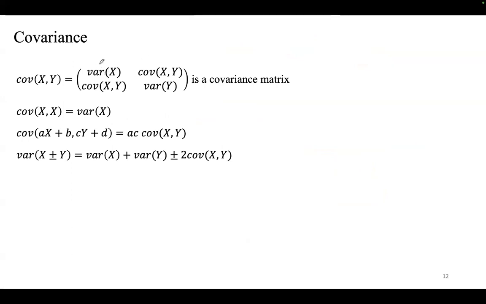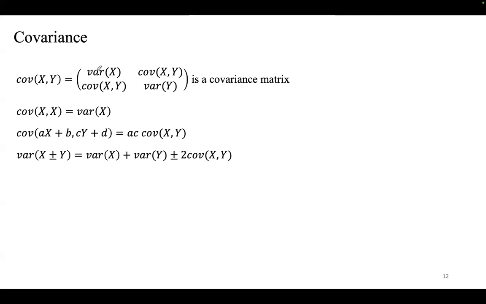The diagonal is always the elements 1,1, 2,2, 3,3, like that. The non-diagonal elements are going to be your pairwise covariances. So covariance xy and covariance yx is the same thing. It's a commutative property. And the diagonal elements are going to be the covariance of that variable itself.